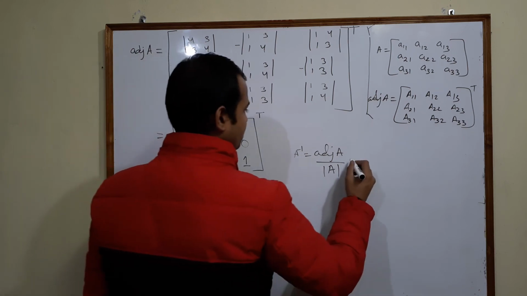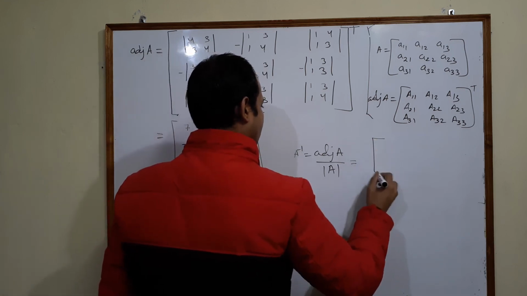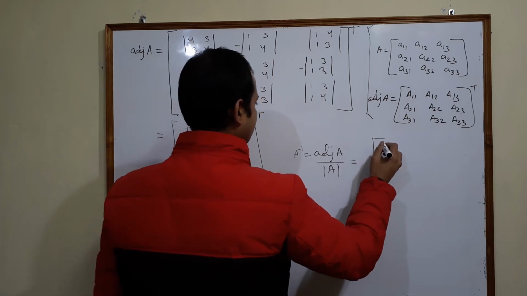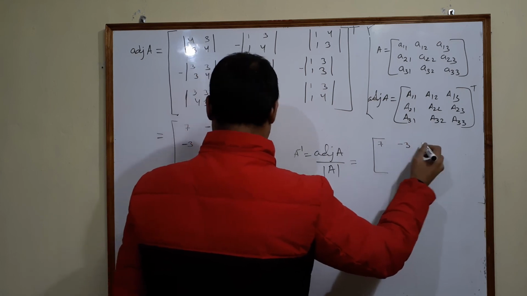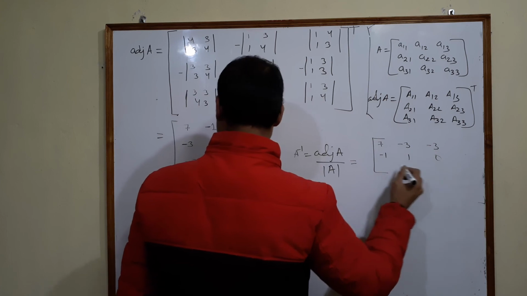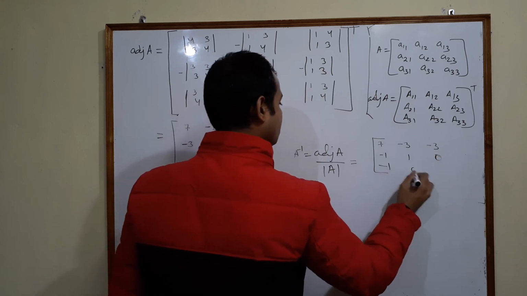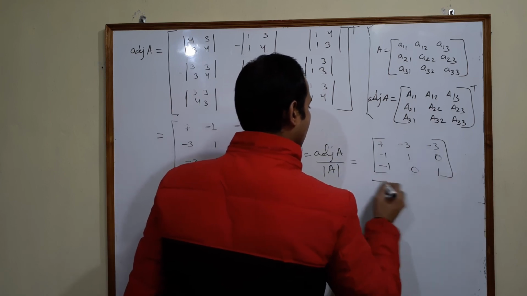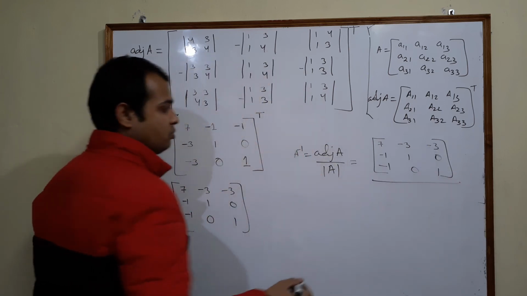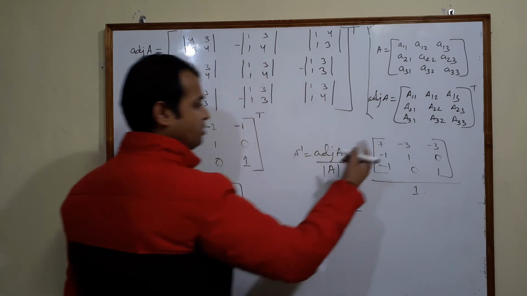Now we know the adjoint and we know the determinant, so let us put the values. Here your adjoint is 7 minus 3 minus 3, minus 1 1 0, 0 minus 1 0 1. The determinant was 1 for this matrix, so each element is divided by 1.